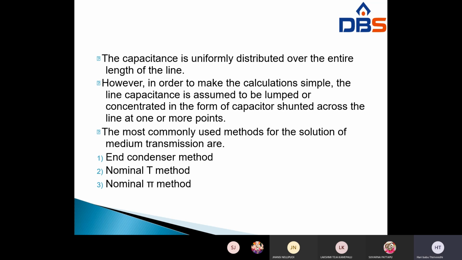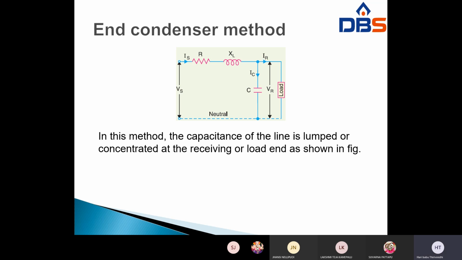In the end condenser method, the capacitance of the line is lumped or concentrated. So this is the end condenser method.